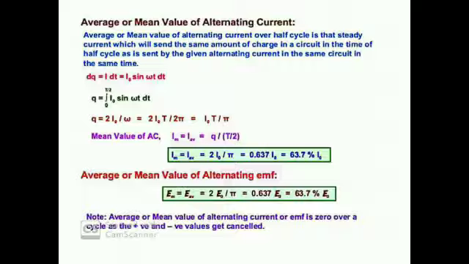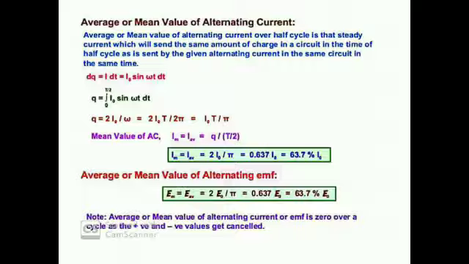Now find out the mean value of alternating current over a half cycle. This I average is equal to the integral of the instantaneous current with limits 0 to T by 2 in terms of time, then you will get I average over half cycle as 2 I naught by pi.